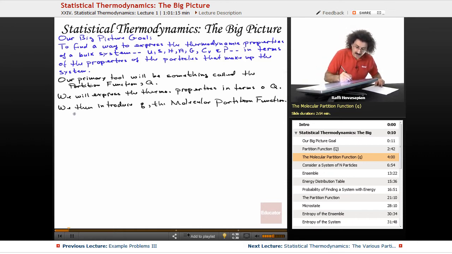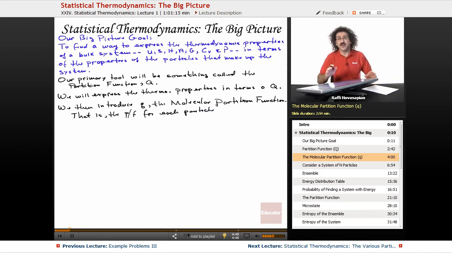What that means is that it is the partition function for each particle in the system. We can write this thing called a partition function for each individual particle of whatever system we happen to be dealing with. It's pretty extraordinary. In fact, it's very extraordinary. For each particle of the system.